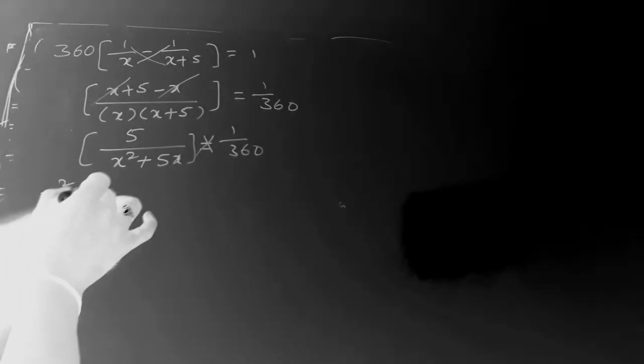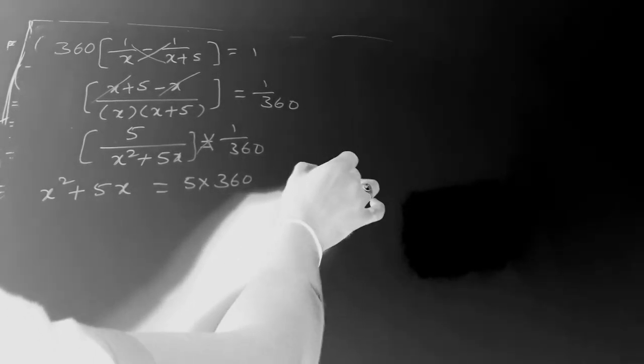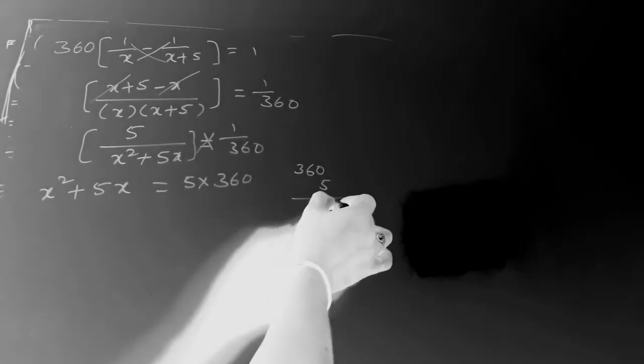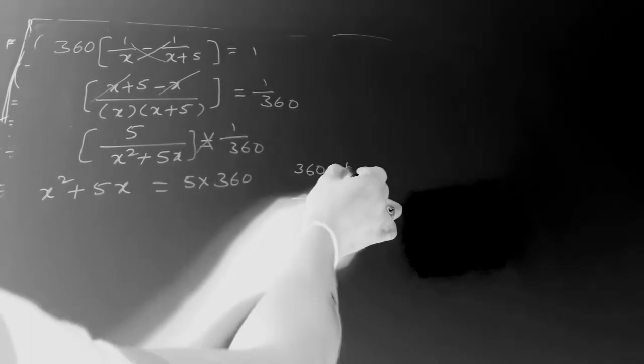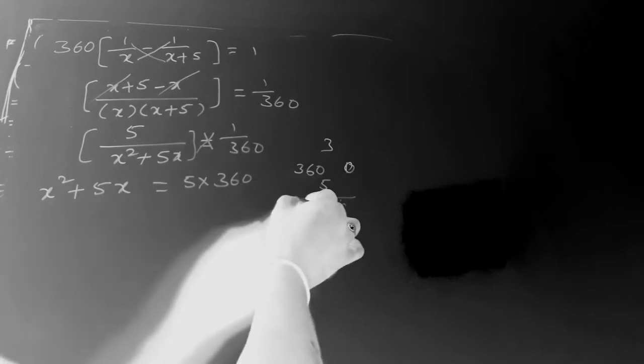Now we do cross multiplication. X square plus 5x is equal to 5 into 360. What is 5 into 360? 5 into 0 is 0. 5 sixes are 30, 3 here, 0 here. 5 threes are 15 plus 3 is 18.